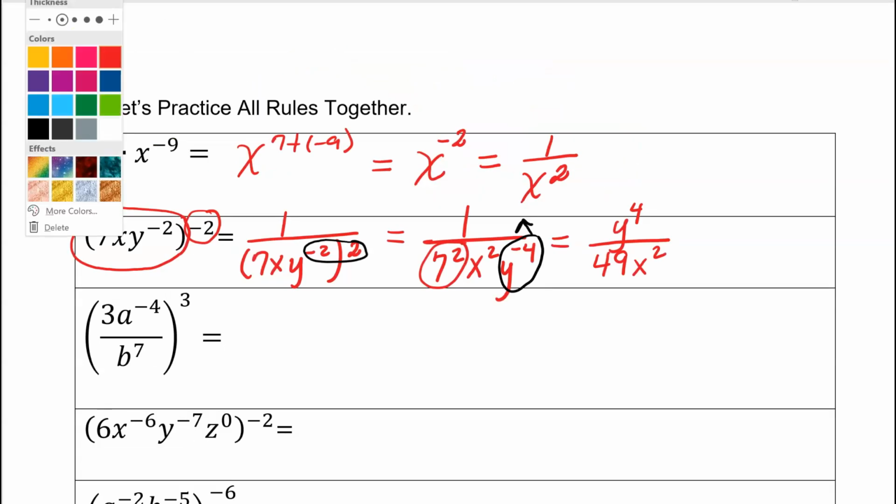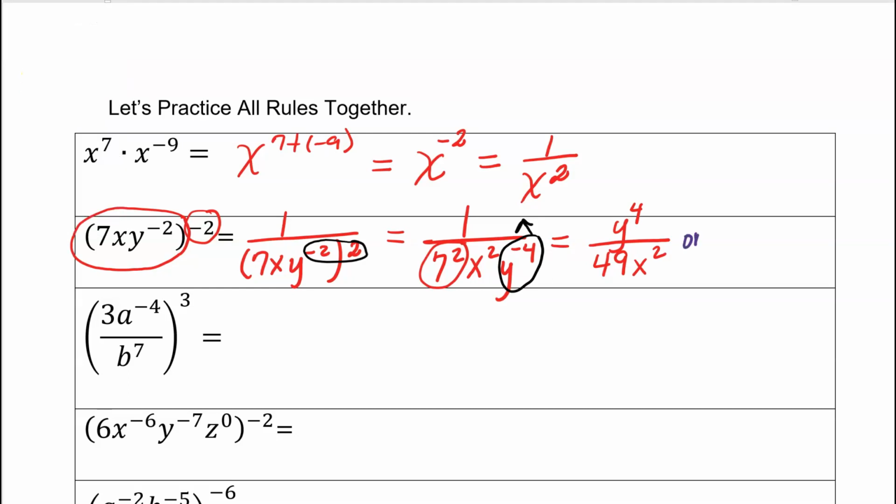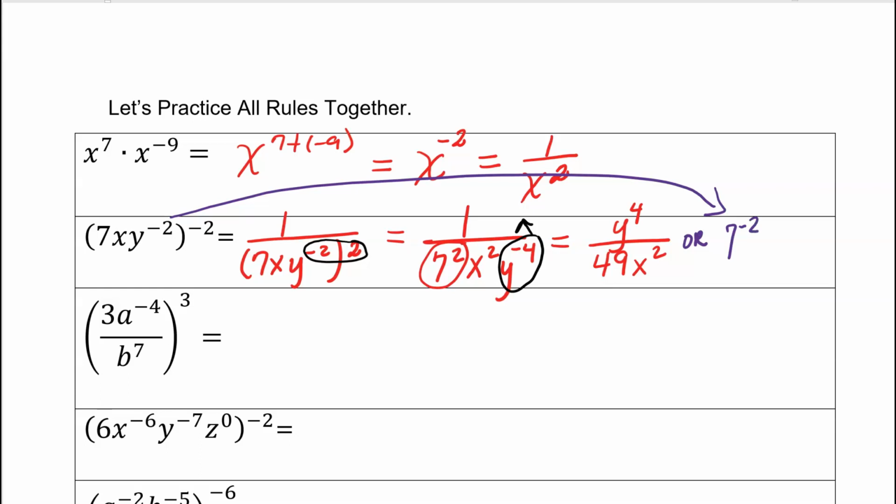Or we could have treated this problem a little differently. From the beginning, we could have taken -2 to everything inside that parenthesis. So that would be 7 to the -2, x to the -2, y to the +4.